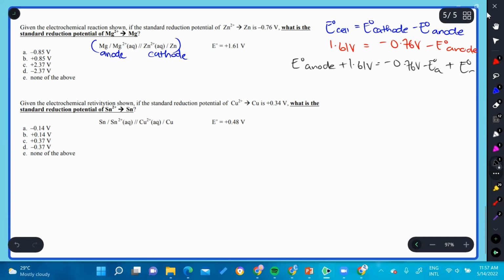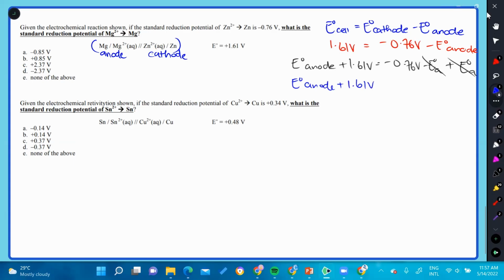So the negative and positive cancel out each other. So now the E naught of the anode is plus 1.61 volts. We're going to subtract 1.61 volts because we want to get it reading as E naught of the anode is equal to something.